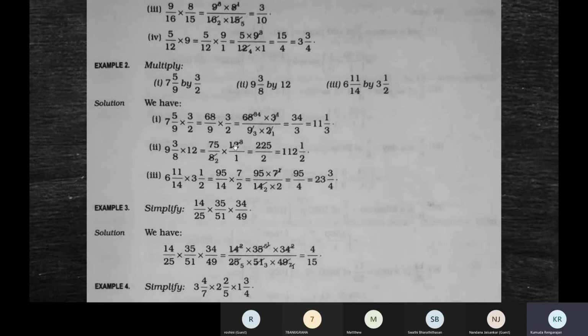So whichever table you're using, divide by that number, 4. 12 divided by 4, the answer is 3. 8 divided by 4 is 2.